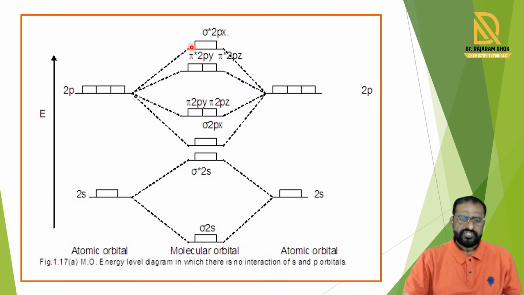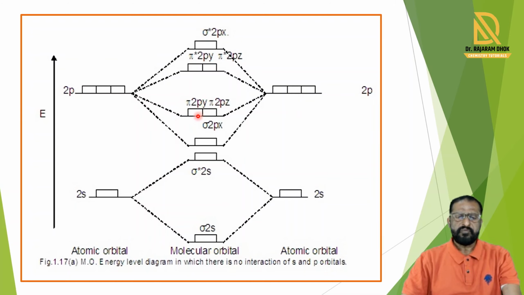Now we see the py and py orbitals. The py orbital of the first atom and the py orbital of the second atom, when their wave functions are the same, form a bonding molecular orbital which has lower energy. We give the notation or name of that molecular orbital as pi 2py.